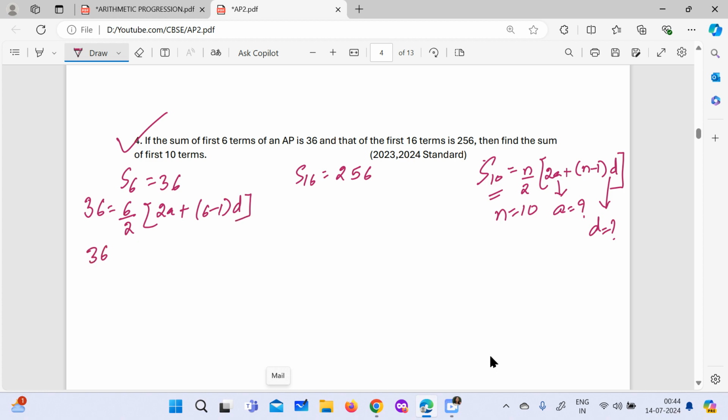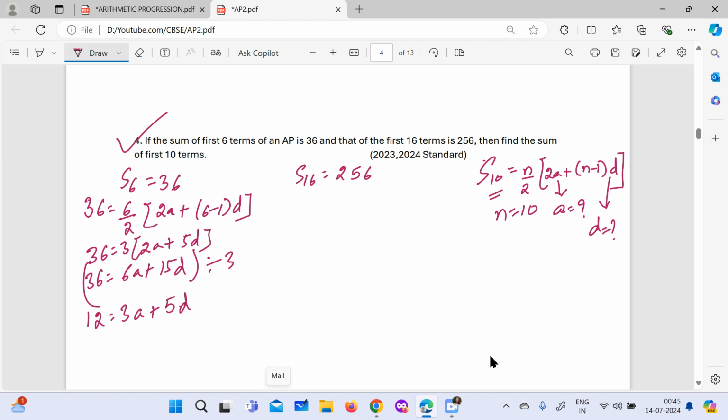So you have here 36 equals 3 times 2a plus 5d, and when we open the bracket, you get 6a plus 15d. Right. We can simplify this more by dividing the whole thing by 3, and you will get 12 equals 2a plus 5d. I divided it just to make it a little simpler. You can work on it directly like that.